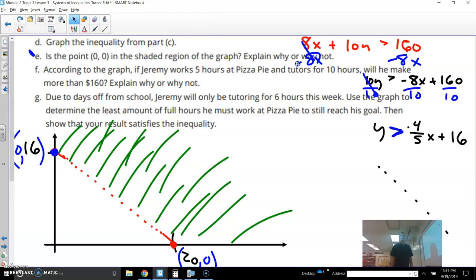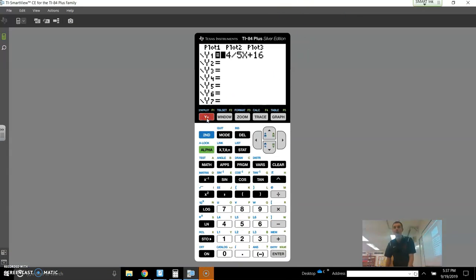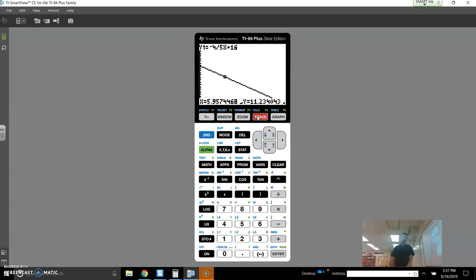So now it says, what if he worked 5 and 10? So what I did was I went ahead and put in the graphing calculator this equation, and I did change the window a little bit so that I was only looking at 0 to 20 for the x-axis and 0 to 25 for the y-axis, and this gives me just the first quadrant. So I am going to put in 5.